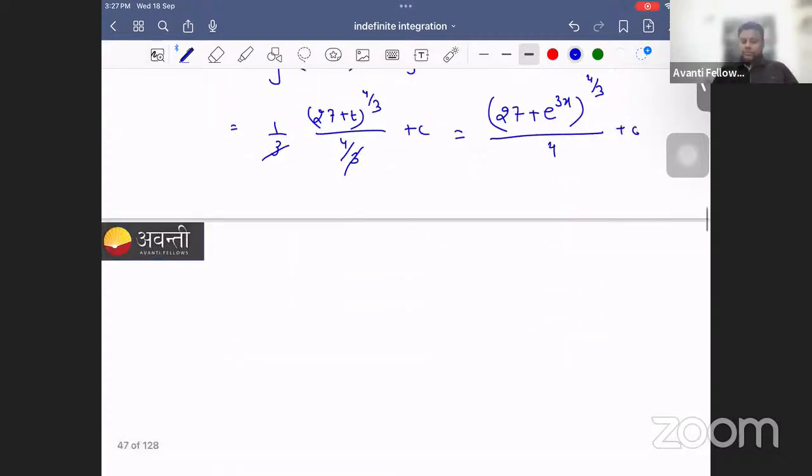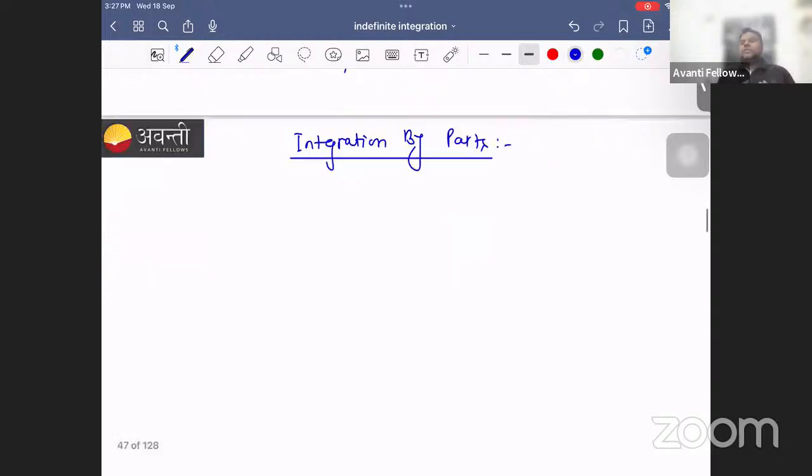Now we will do integration by parts. Now, the way we have a summation rule of differential, product rule of derivative, in the same way we have a product rule of integration.